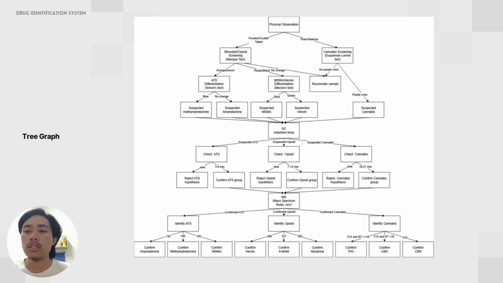And after all those, we go to the MS mass spectrum that measures m/z. It will identify the specific drug based on the group, for example 6-MAM or THC.